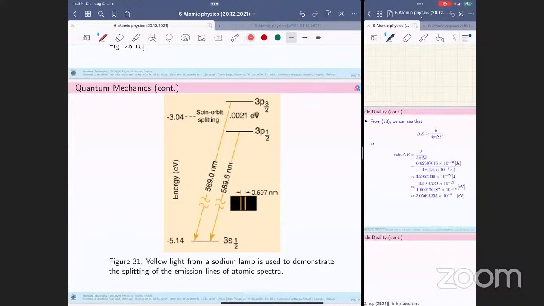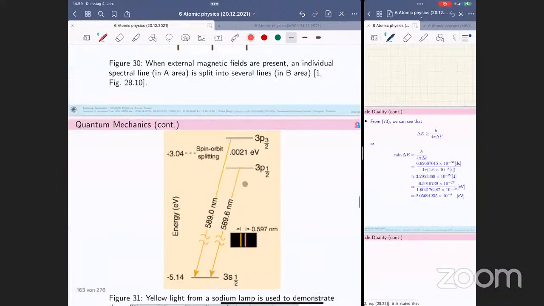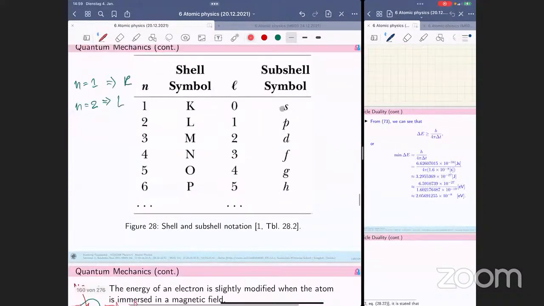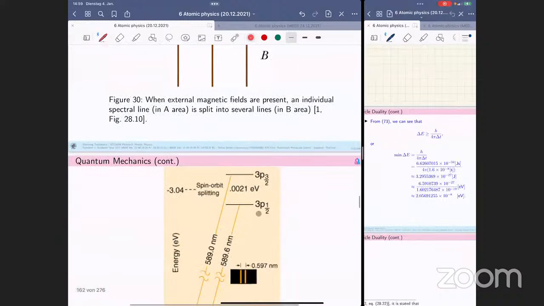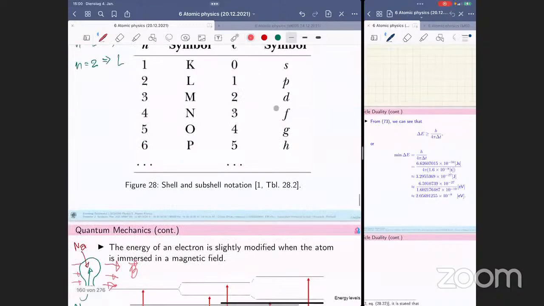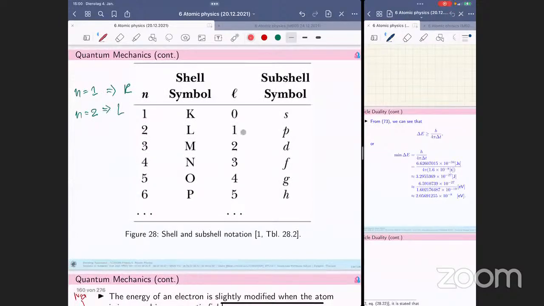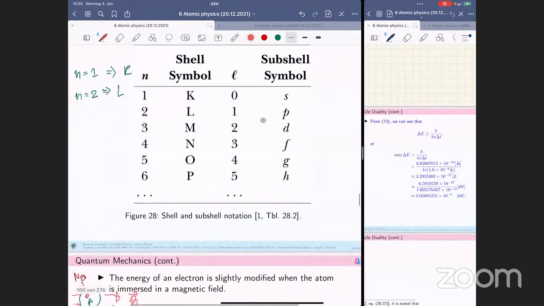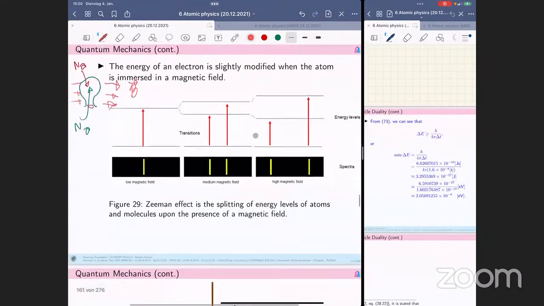What is that? This is the case when n equals 3. And s, what is that? s is the case when L is 0. Or p, what is that? When L is equal to 1. That's the subshell symbol p.